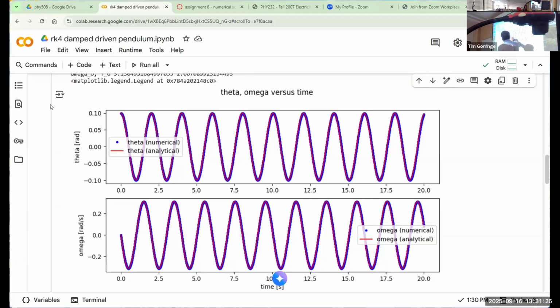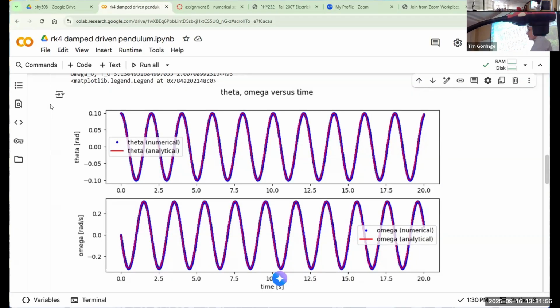If we look at these plots, the top one is theta as a function of time for 20 seconds. The bottom one is omega as a function of time for 20 seconds. The blue points, which are kind of overlapping, are the numerical, and the red line is the analytical, and you see it just reproduced the analytical solution.